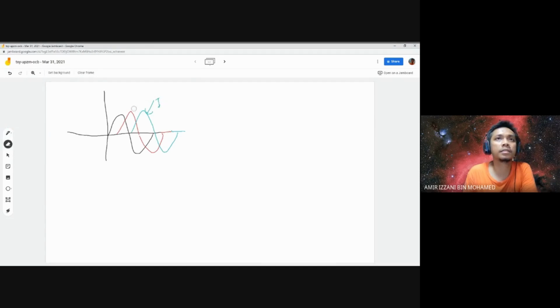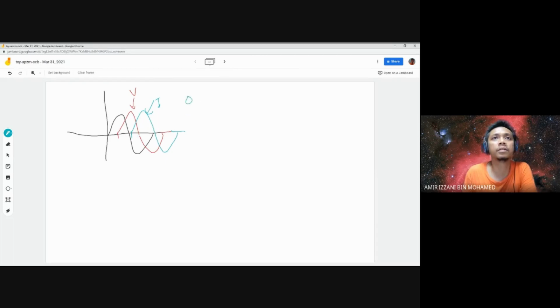Actually, this is the application of the phase shifting. This one is V. So we subtract these two, this one and this one, to see the phase difference, to see how far the phase shifted.